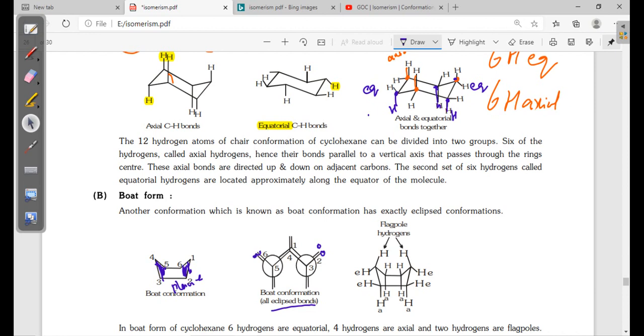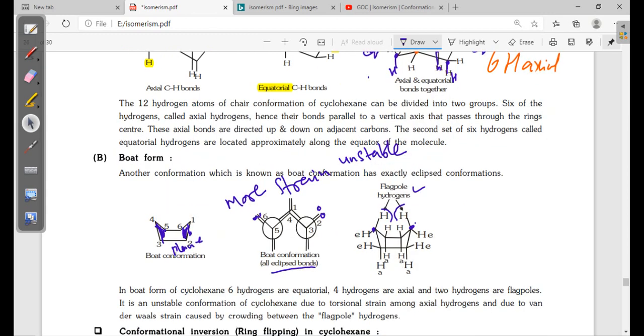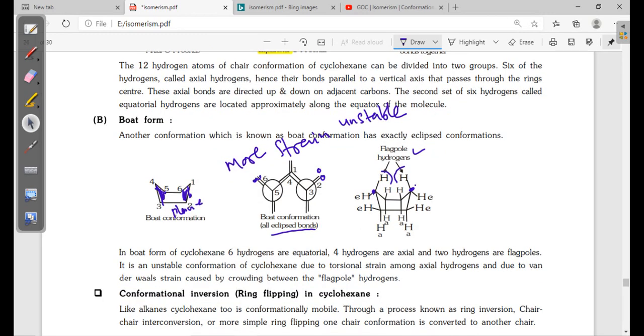So more steric strain is there, therefore it is unstable. These two hydrogens are known as flagpole hydrogens. This first carbon and this fourth carbon hydrogens also have steric hindrance. So there are two reasons: first, these are in eclipsed form, and again, this two-hydrogen repulsion is also there.